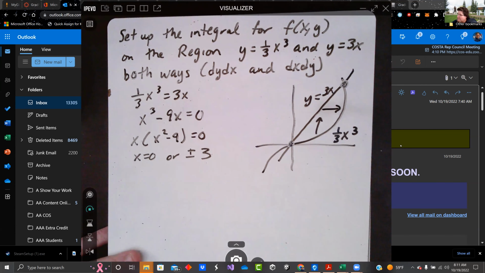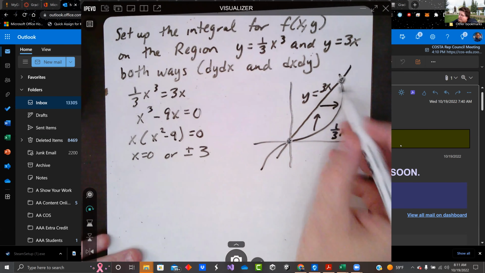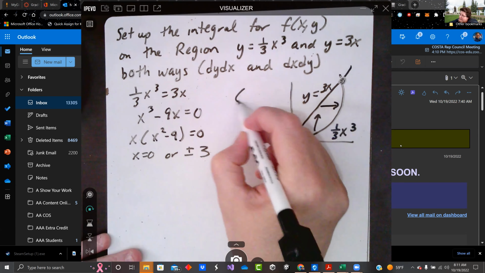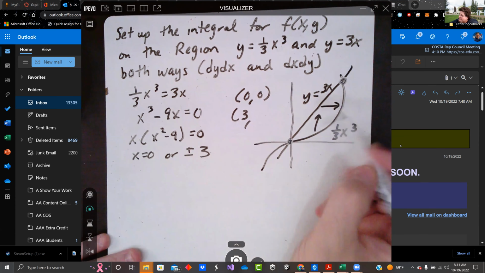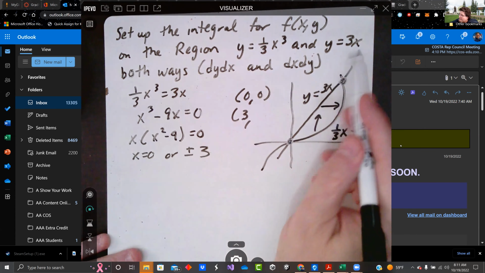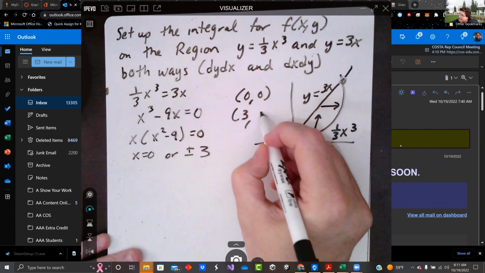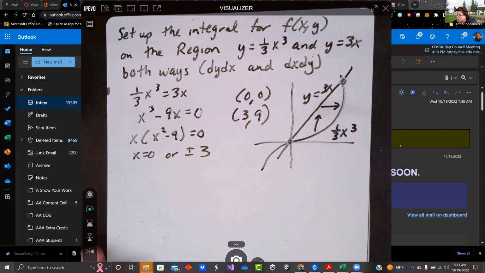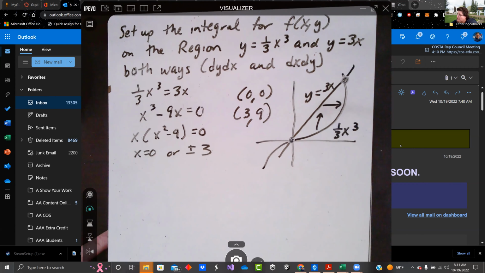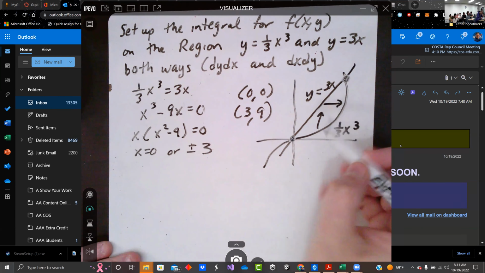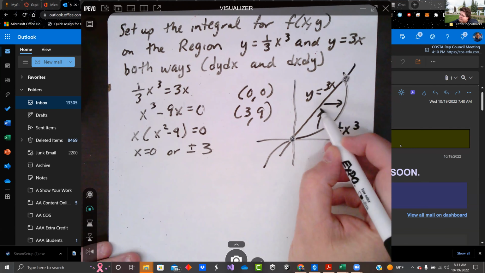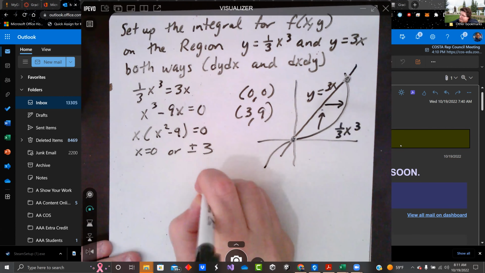The one that clearly matters here is the 3. So I've got 0, 0 as a point, and 3. If I stick in x equals 3 to this one right here, I get 9. So we've got 3, 9. So if we're going upward, we're doing dy first.